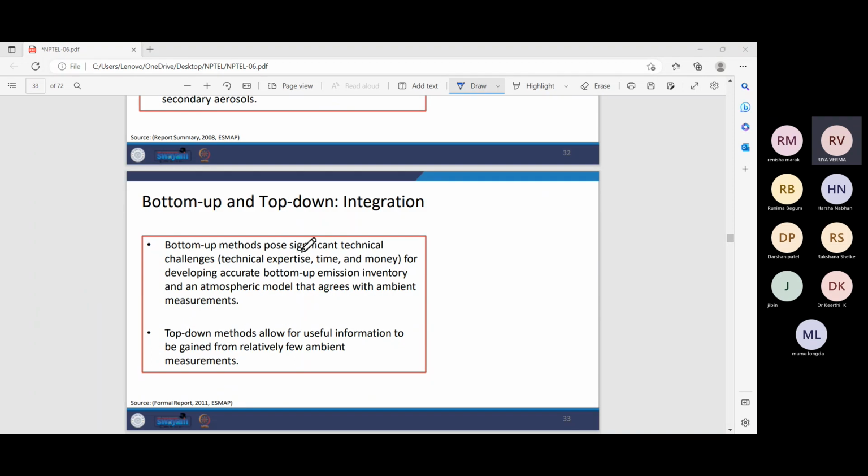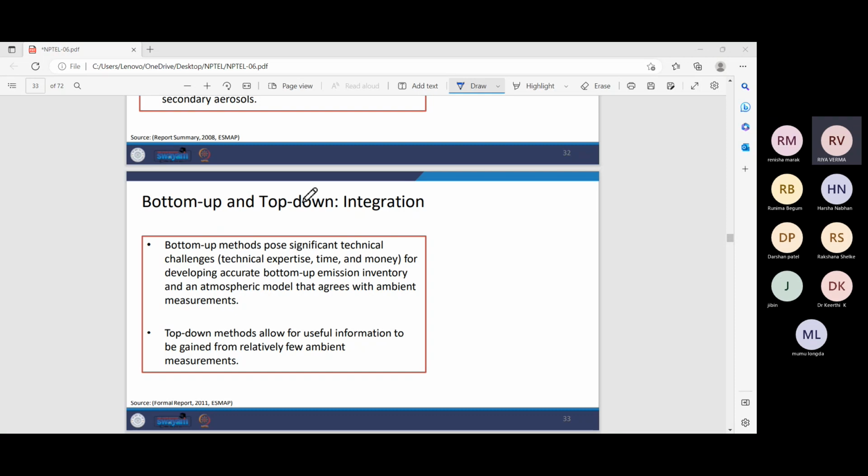Now, if we integrate the bottom-up and top-down approaches: bottom-up methods pose significant technical challenges in terms of technical expertise, time, and money for developing an accurate bottom-up emission inventory and an atmospheric model that agrees with ambient measurements.